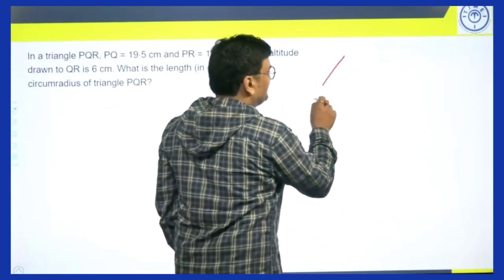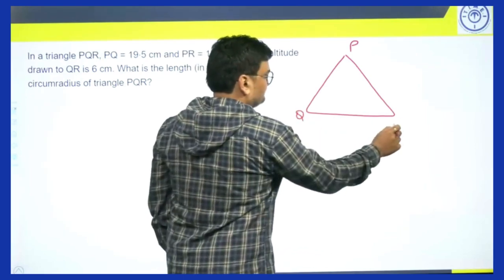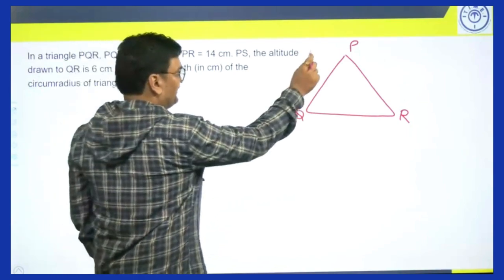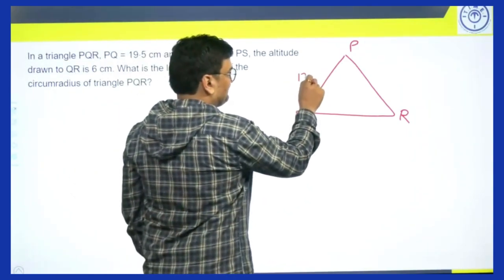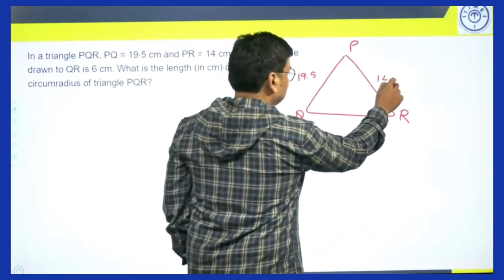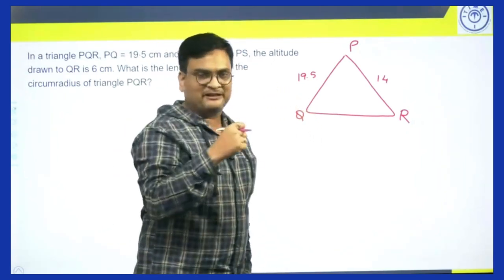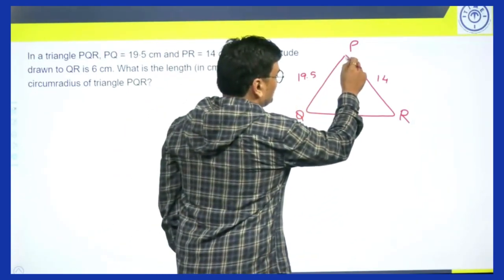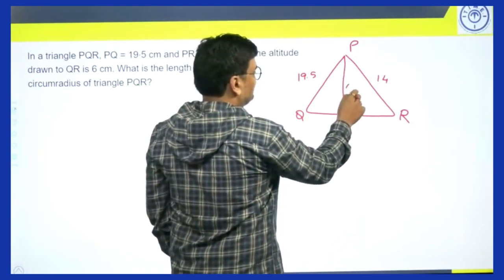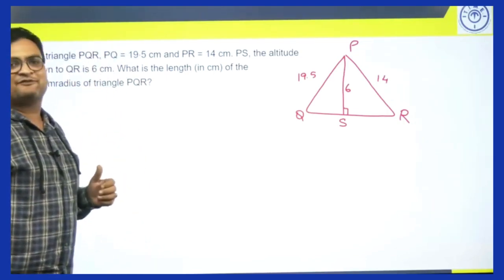If I take the triangle PQR, PQ is 19.5 centimeters, PR is 14, and the altitude drawn to QR would mean the perpendicular. When I drop the perpendicular like this, let's say it is PS, this PS length is 6 centimeters. What is the length of the circumradius of the triangle PQR?